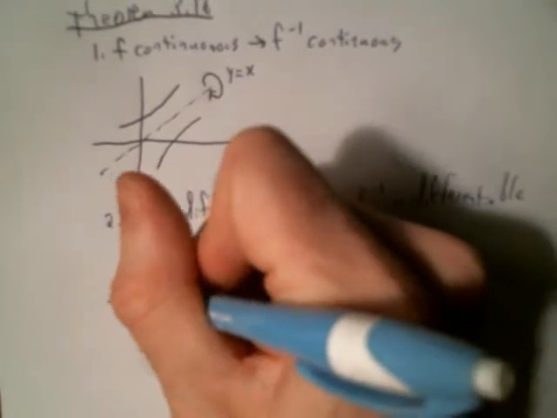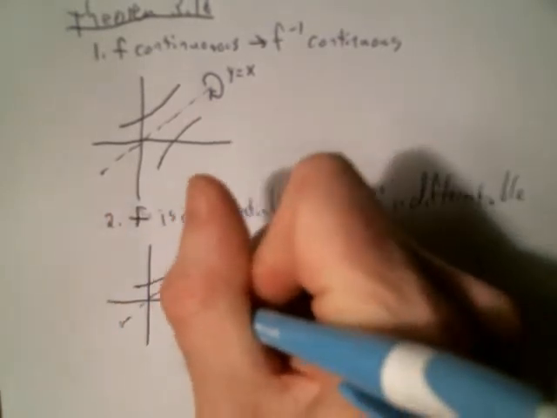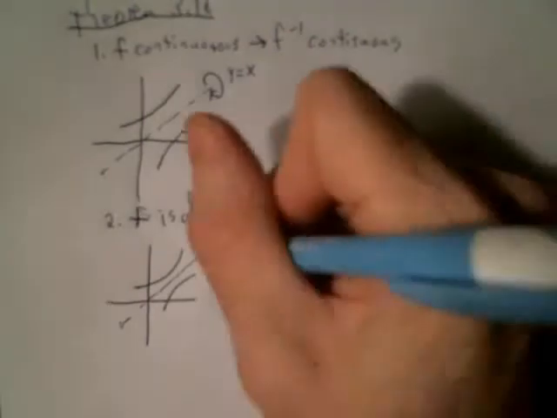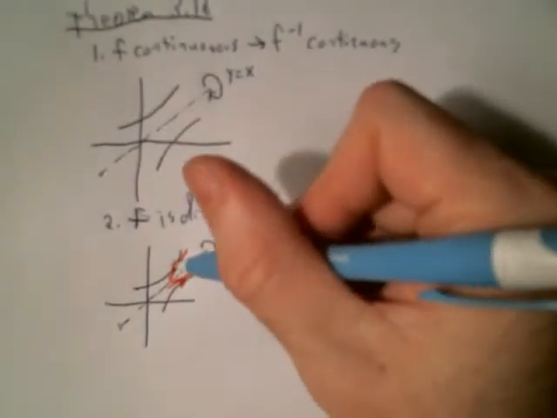So if we do this rotation, and this curve has a tangent line here, then you would expect this one to have a tangent line too. It'll turn out that the slopes at these two points are reciprocals of each other.